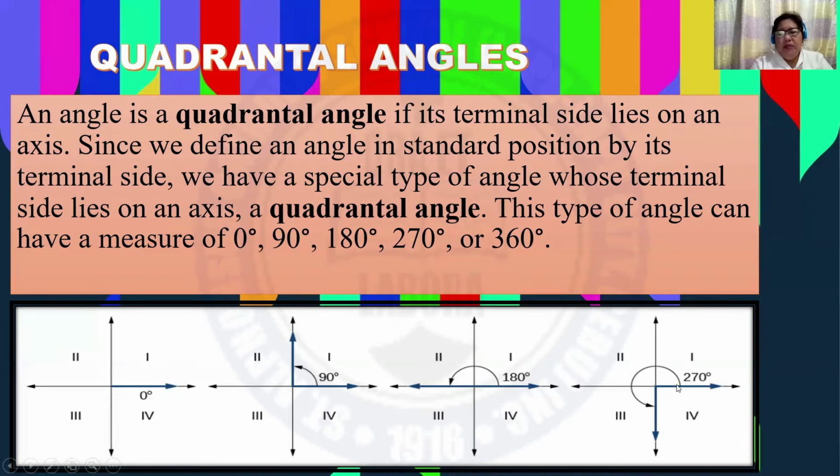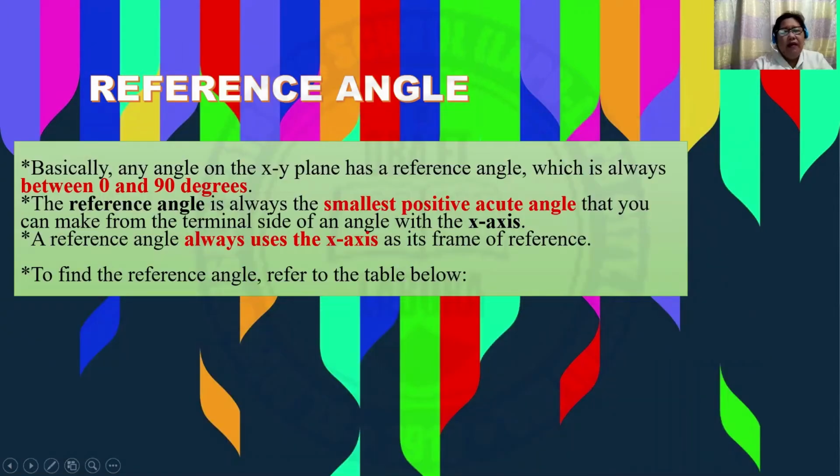And for 270 degrees, the initial side is here on the x-axis, and the terminal side lies on the negative y-axis. Let us also have the reference angle. Basically, any angle on the xy plane has a reference angle, which is always between 0 and 90 degrees.